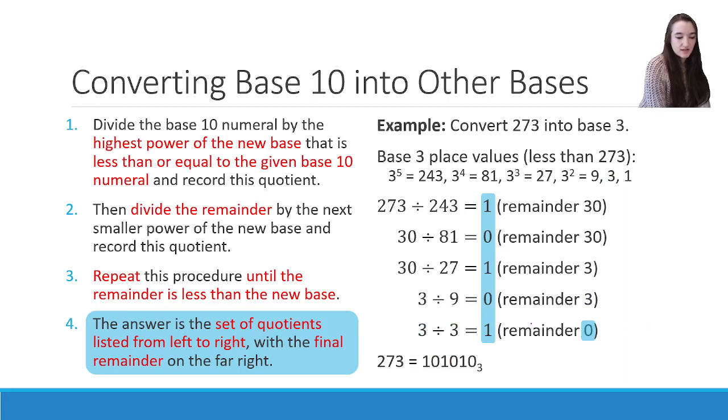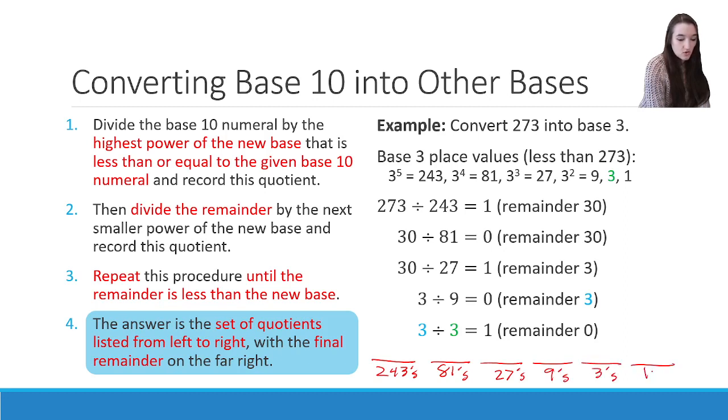Or we can just realize that once we get to the ones place, whatever that last remainder is going to be the ones position. So our place values end up being, again, I'll write them out, the 243s, the 81s, the 27s, the 9s, the 3s, and the 1s, which you should be keeping track of the entire time.